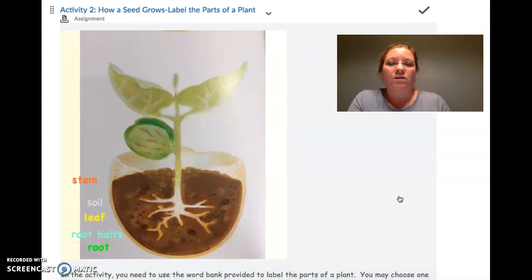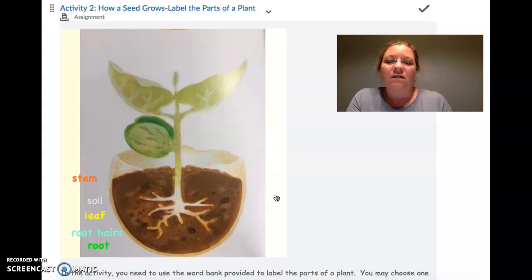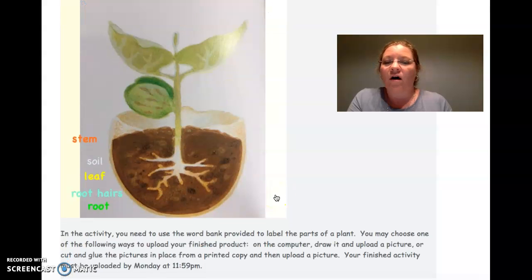And then with their activity 2, they have a picture of a plant and they're going to label the parts of that plant. I've already given them a word bank on the side so that they know exactly which parts I'm looking for. Things that, again, were reviewed in the book and something we've talked about in class. And so they have options. They can find a picture of a plant and write the labels on that picture, like a picture of a magazine.